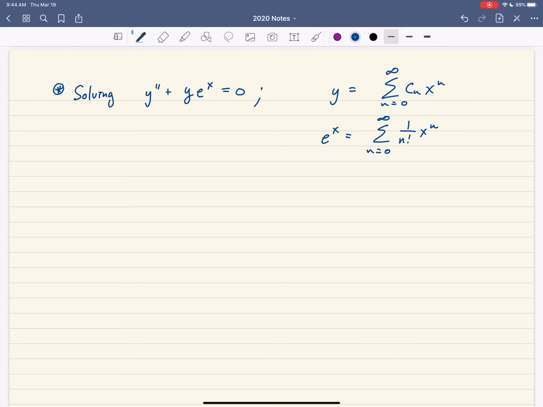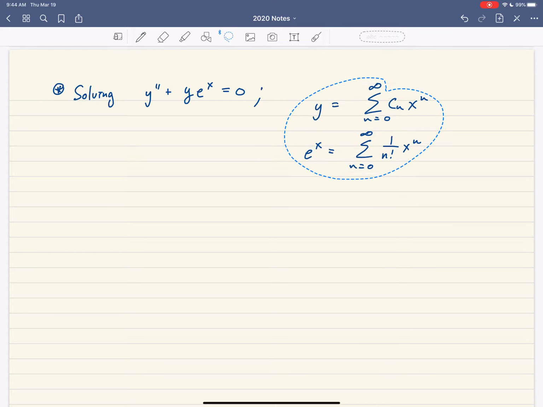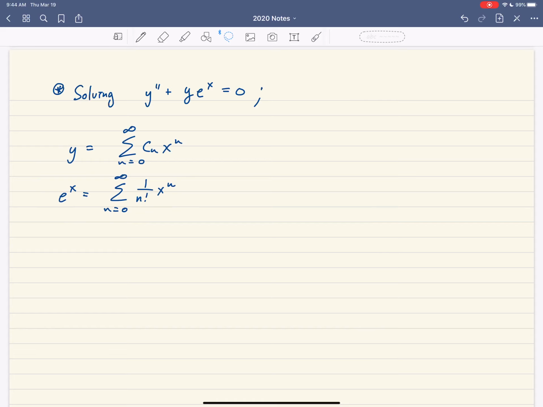And just to expand on these a bit more, let's actually write out what these become. We know y is just c0 plus c1x plus c2x squared. Whatever the subscript is, that's going to be our power. That's exactly how this works. And I'm just going to write out a few more, c3x cubed, c4x to the fourth, and so on.